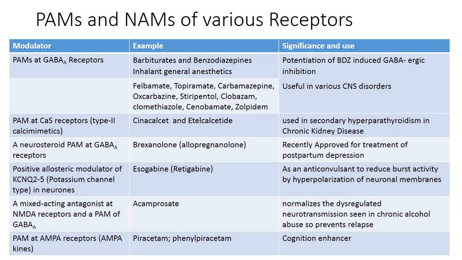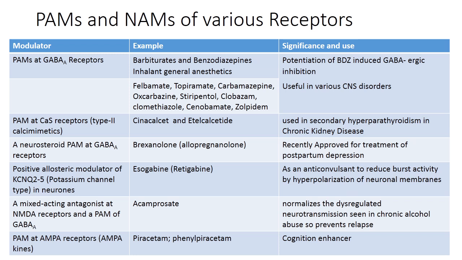Examples of NAMs and PAMs are coming up rapidly. For example, the conventional mechanism of action of the barbiturates and benzodiazepines has been finalized as they are PAMs at the GABA A receptor.